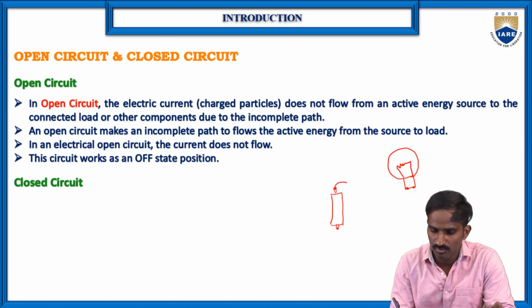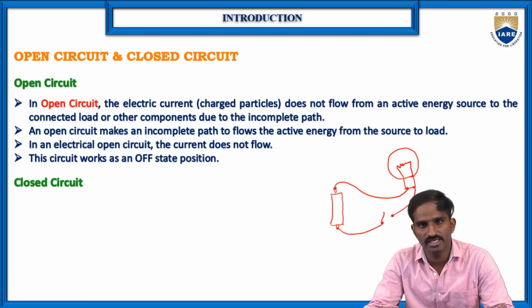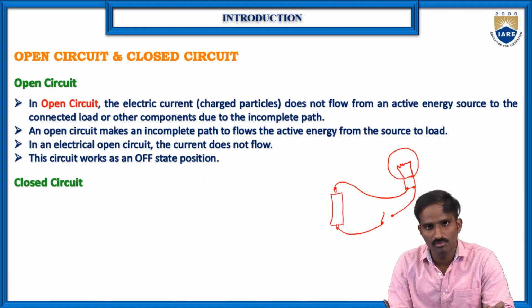So you should connect the bulb across the two terminals of the battery. Let me put one switch here, and then I am connecting the second terminal of the battery to the second terminal of the bulb. The bulb will turn on only when electrical energy is supplied to it.